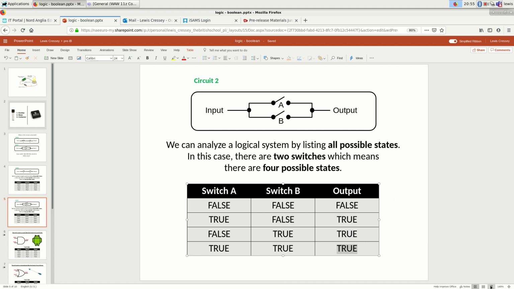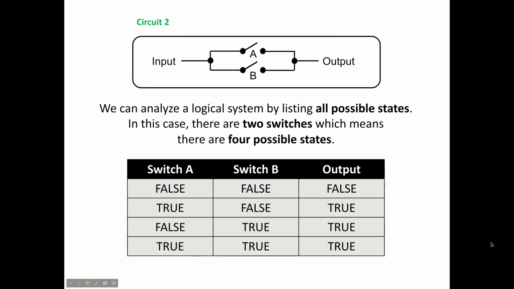So we can see here that by using transistors in arrangements which allow us to create AND or OR gates, we can get electrical circuits to do things depending upon whether their inputs are true or false. True means that electricity is flowing, and false means that it's not.